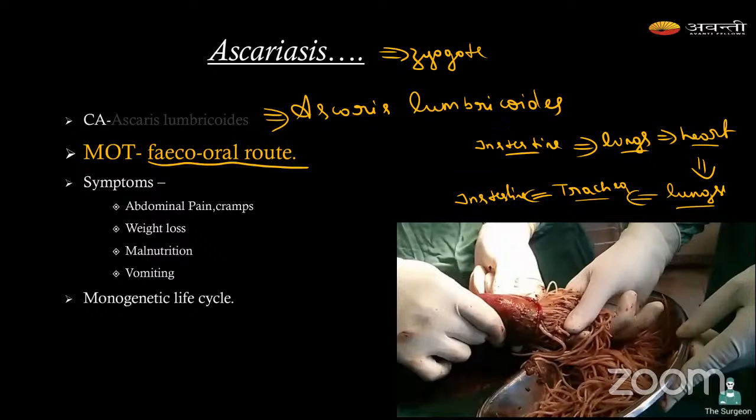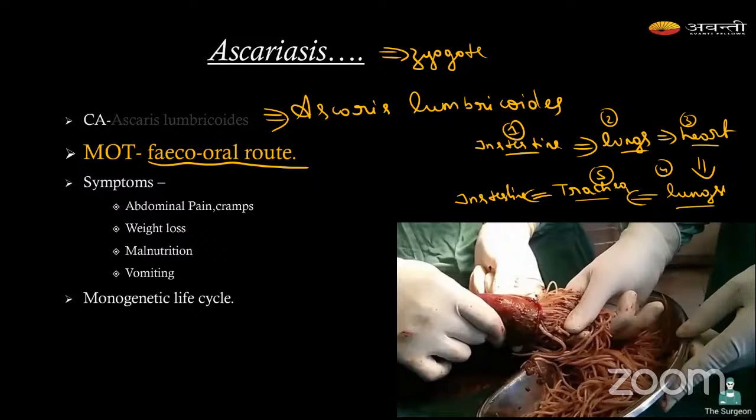For example, from the zygote to the sixth or seventh stage, it passes through all the organs and is completely developed, and then it enters the intestine.